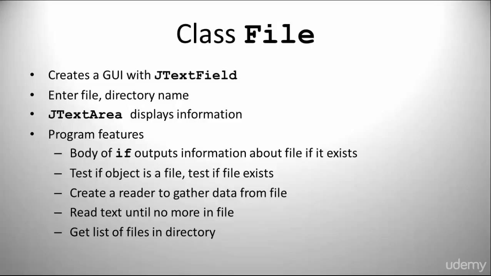A JTextArea displays information. And when it comes to program features, the body of the if outputs information about the file if it exists. It creates a reader to gather data from a file. And it can get lists of files in the directory.